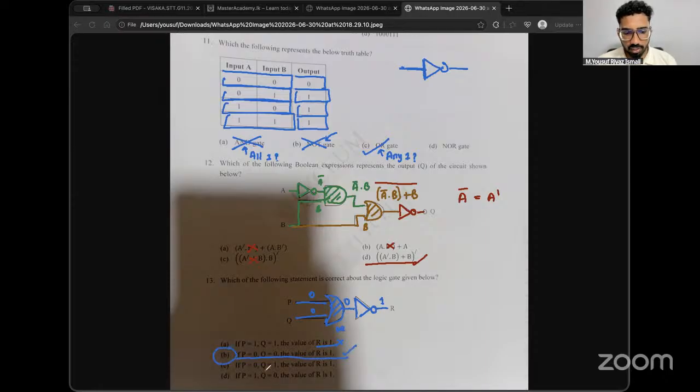If you want, we can verify the third and fourth as well. Just for verification purposes, let's do the third and fourth below. The third answer says if P equals 0 and Q equals 1, if 0 and 1 are the inputs for the OR gate, what will be the result of the OR gate?